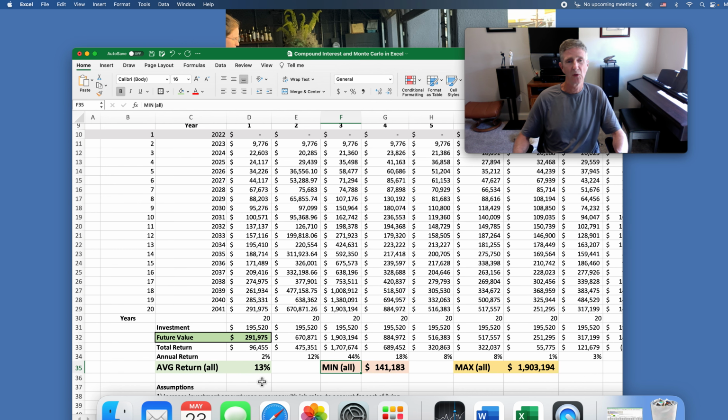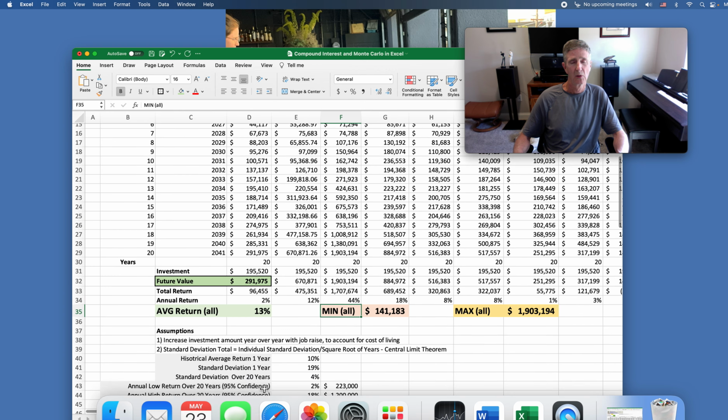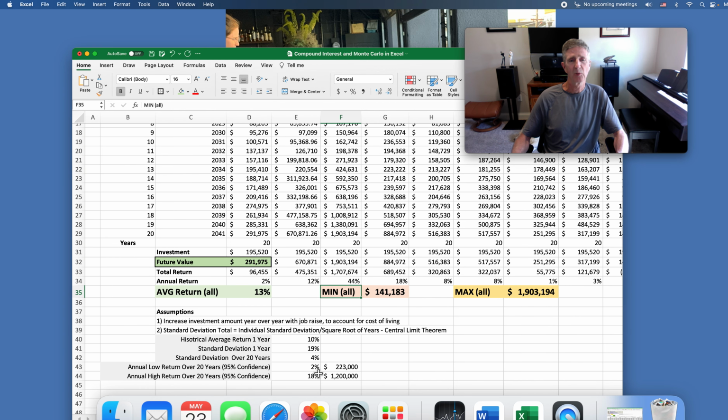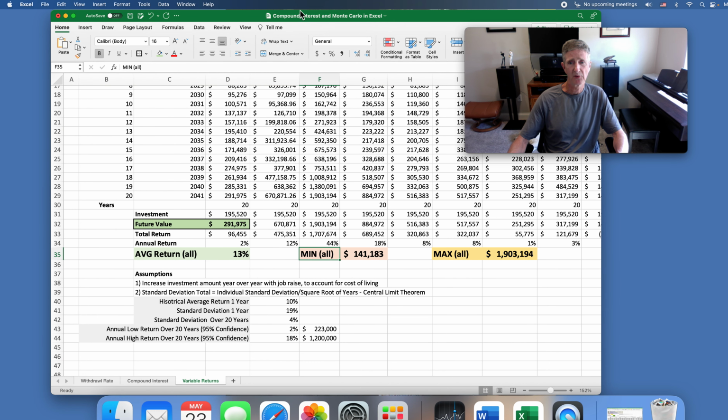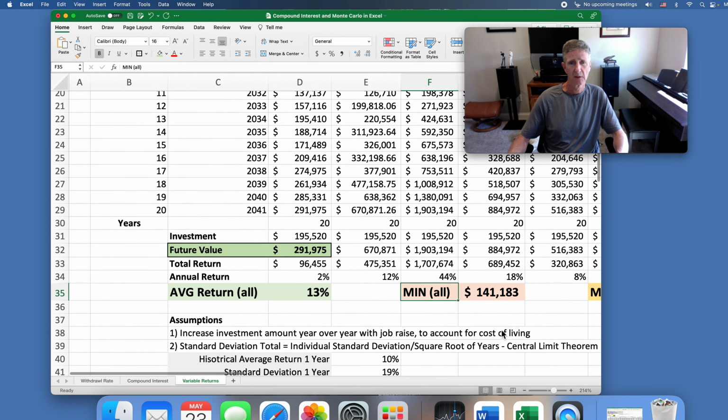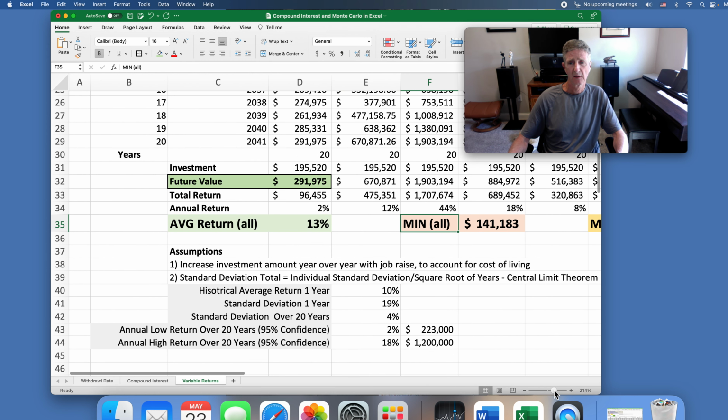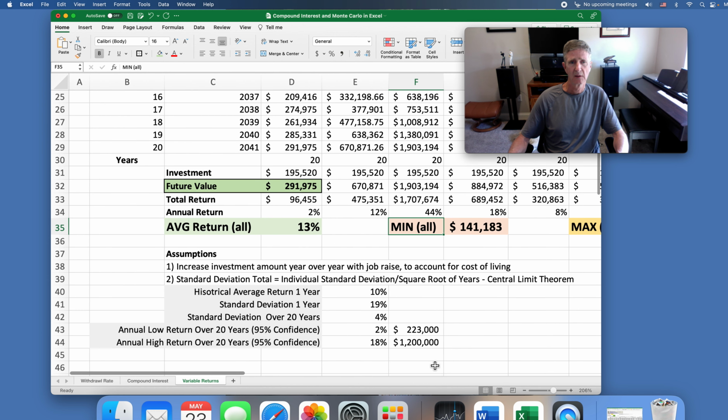Okay, so how can we look at this statistically? Again, our assumption, let me pull this up a little bit. We're going to increase the investment amount year over year with our job raise to account for cost of living, so we can talk all in today's dollars and not worry about that.